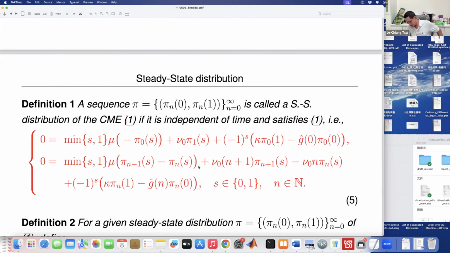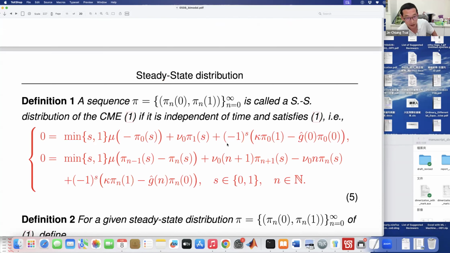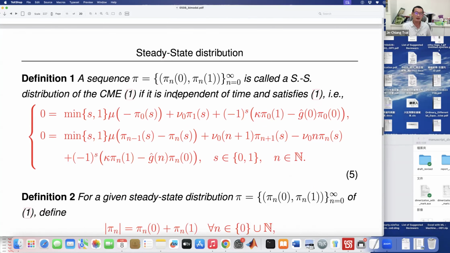So I think we know the definition of a static distribution. Basically, a static distribution is a solution of the chemical master equation that is independent of time and satisfies this chemical master equation. This static distribution is a sequence, and each n corresponds to the protein number.